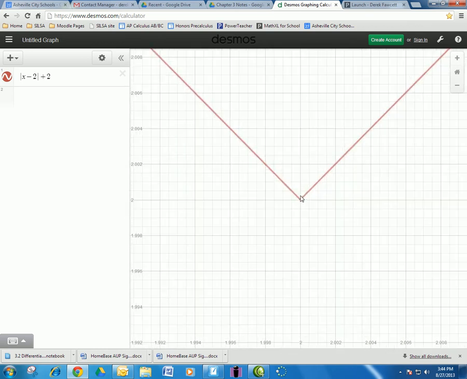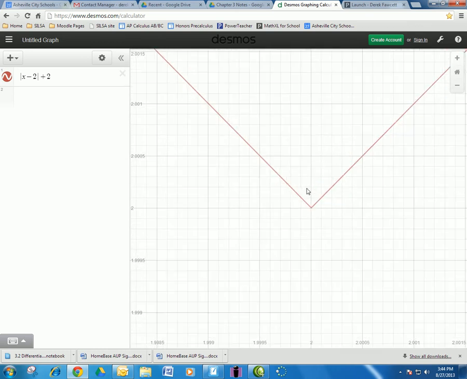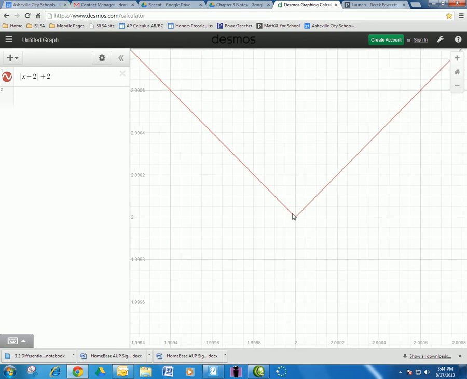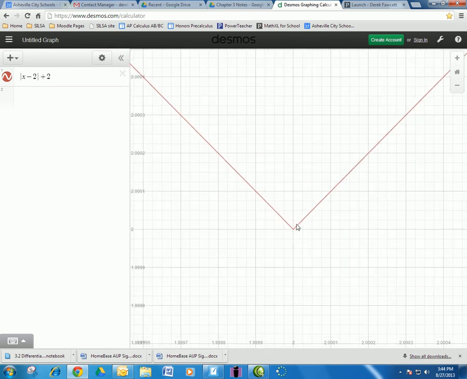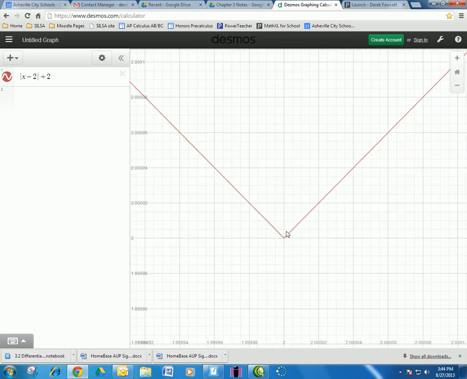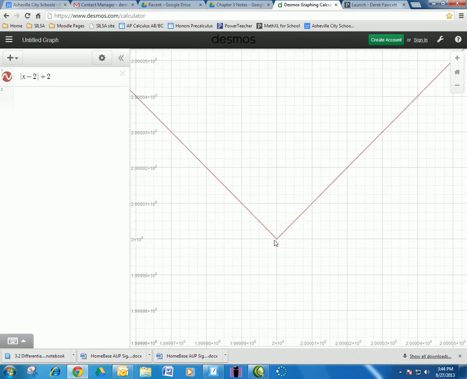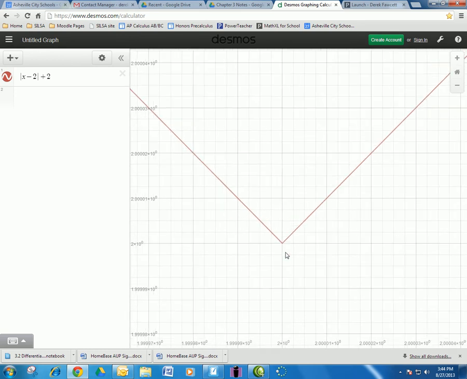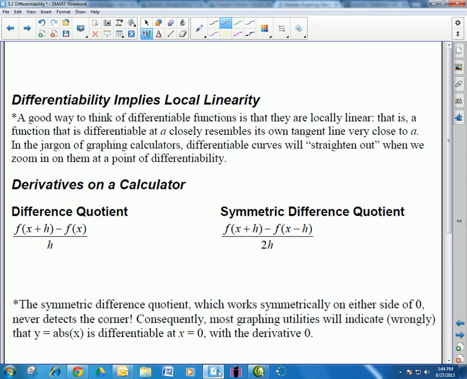If I keep zooming in, will this line ever become straight? No. Since it does not hold that property of local linearity, it cannot be differentiated at that point, meaning it does not have a derivative. That's what local linearity is. So in order to have a derivative, it has to be locally linear at that point. Okay?